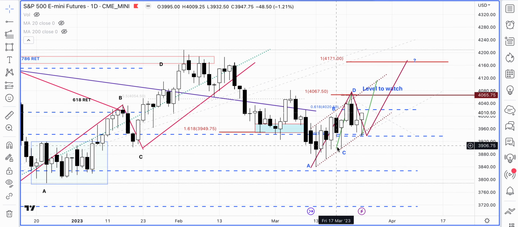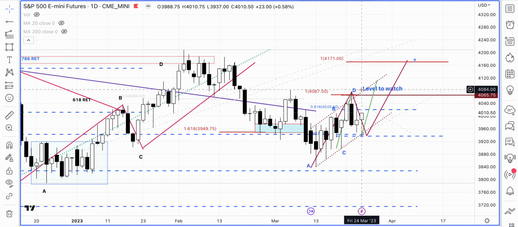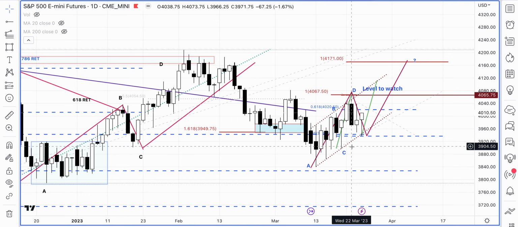And what the price did was price really went right to that level, a few points above. Let's have a look. The high was 4073.75, so it went above a few points, and then it was a big close lower for the candle.